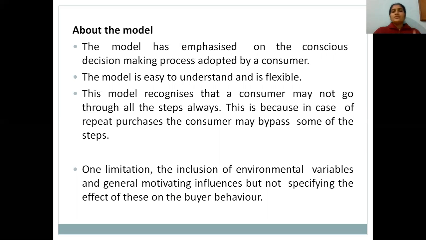He can bypass or skip some of the steps and variables, and directly go to the final decision of purchasing. In the decision process, as we have seen, five different steps are there. So if a consumer is a repeat purchaser, he can directly skip a few of the steps, and finally reach the purchase step.